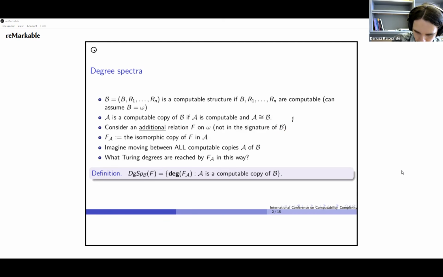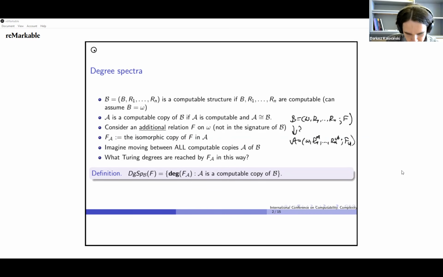So if our structure looks like this, then we also have this additional relation F. And by F sub A, we'll mean the isomorphic copy of F in a computable copy A of B. So if B is mapped to its copy, here we have copies of these relations R1 to Rn, and an isomorphic copy, via this isomorphism, of F.